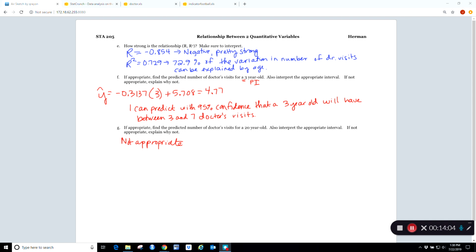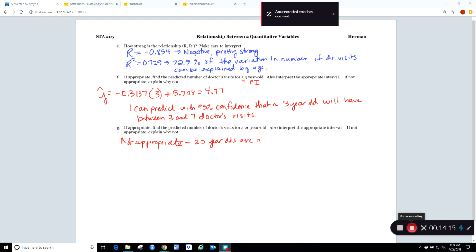So I would say it's not appropriate because 20-year-olds are not part of my population. So I only want to use this model when it's appropriate. I can plug in really any number I want. StatCrunch will let me plug in any number I want, but I've got to make sure it's a number I should be plugging in.